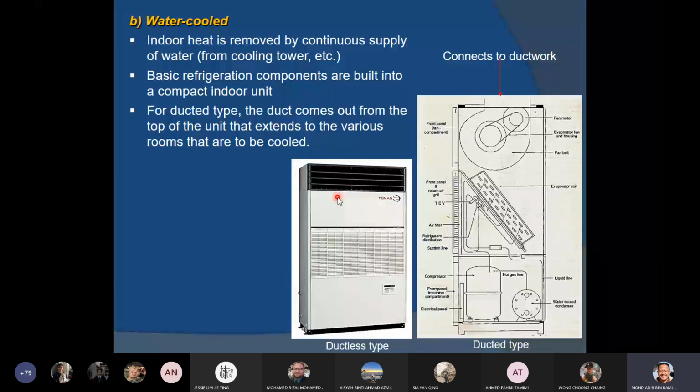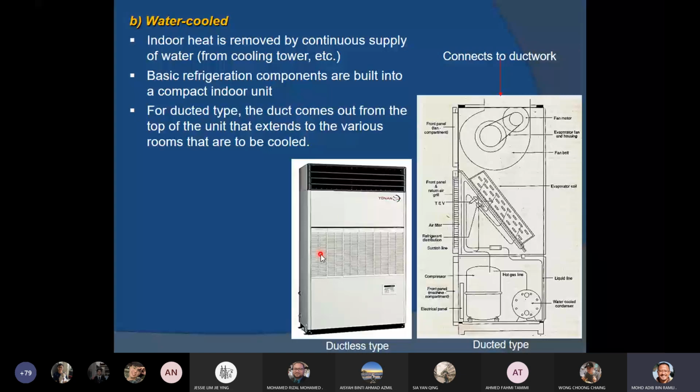Air cool, because it needs outdoor air to cool the condenser, has to be placed outside the building. It doesn't matter whether it's on the rooftop or on the ground or anywhere, but it has to be outside. But for water cool, because you don't need air to cool the condenser down, it can be built inside the space itself.